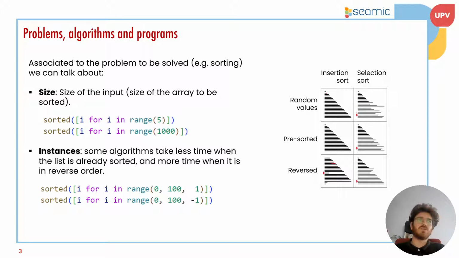So when we sort a list that is already sorted in ascending order, this would give us a list such as 1, 2, 3, up until 99. And this will give us a list from 99 down to 0.